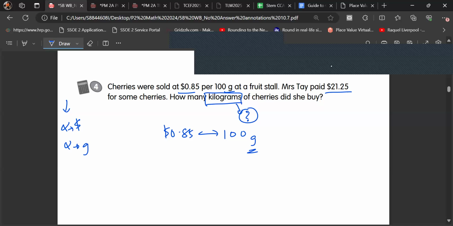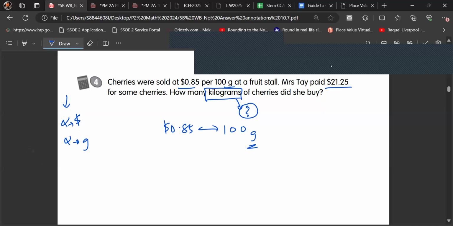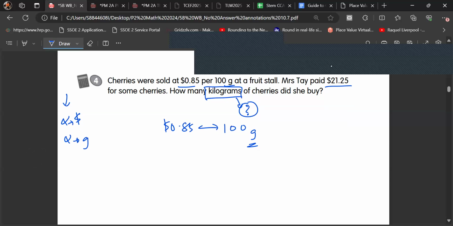Now, if this is so confusing, you can try to use the division symbol rather than fraction. Let me try to use the division symbol for this. Okay, so from this, I want to find, usually you will say, oh, 100 grams is 0.85. So 1 gram is this amount. And then how many grams? 15 grams gives you this times that. But now we are not doing that.